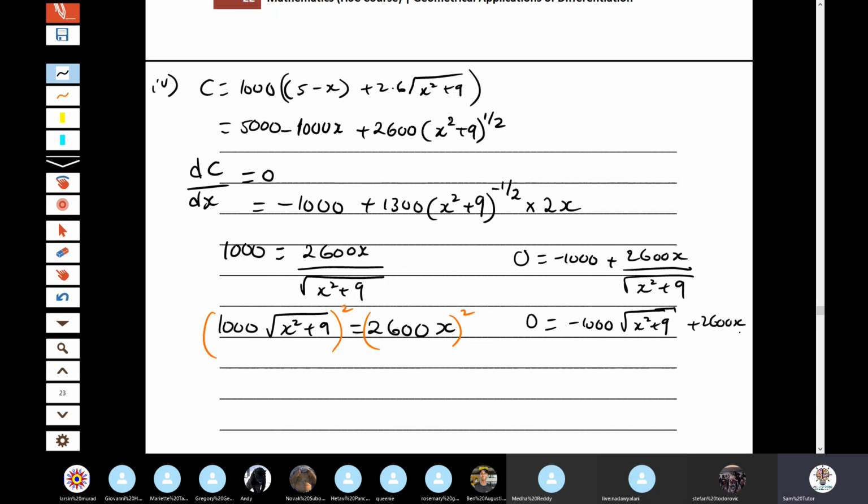What's going to happen if you square the right-hand side? You've got to square the whole thing. Stop doing it individually. What happens when you square the whole thing of the right-hand side?